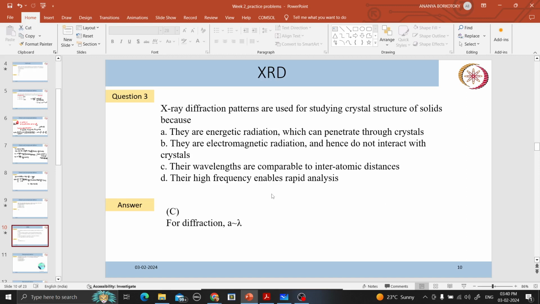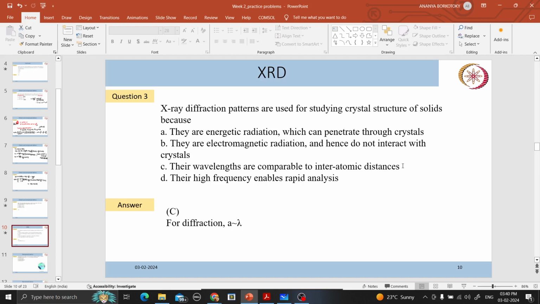In crystals, what is the typical interatomic distance? Can someone tell? Few angstroms or few nanometers? Yeah, it is in angstrom. So for silicon it is 5.43 angstrom, right?